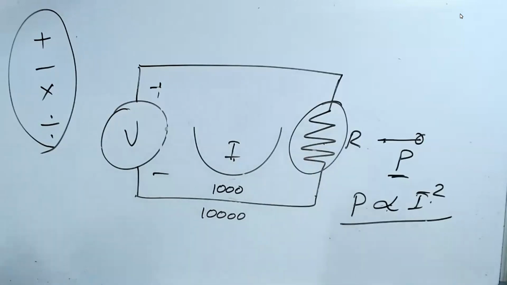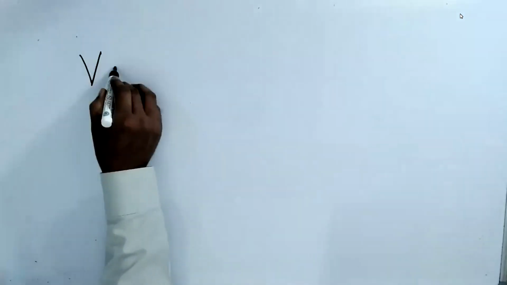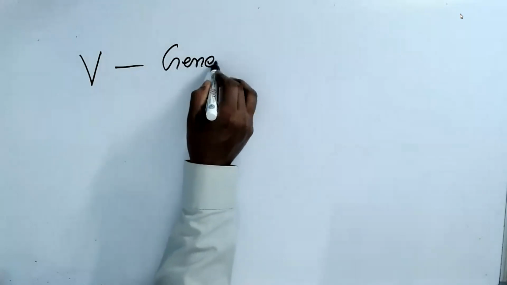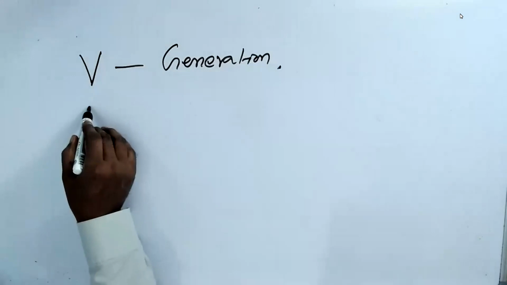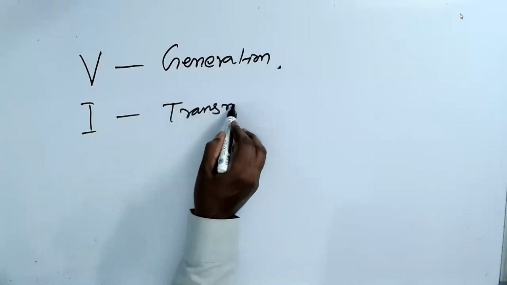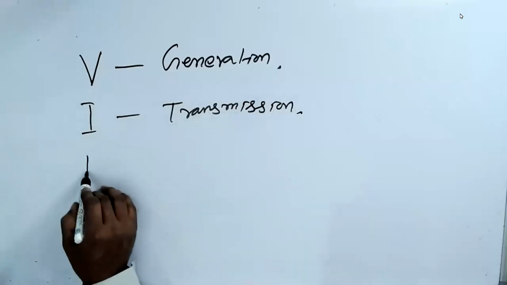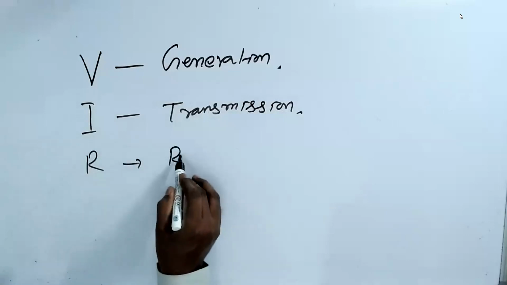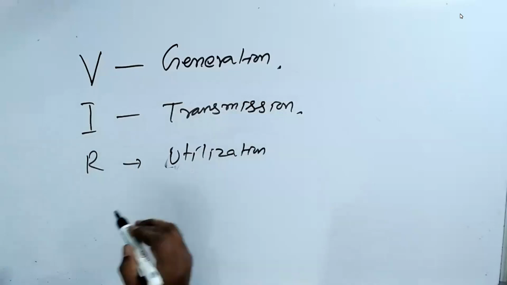Everything same. So there are 5 terminologies. Understand, 5 terminologies. One terminology is V, all about generation. Second one is I, all about transmission. And third one is R, all about resistance or utilization. You can call it resistance also.